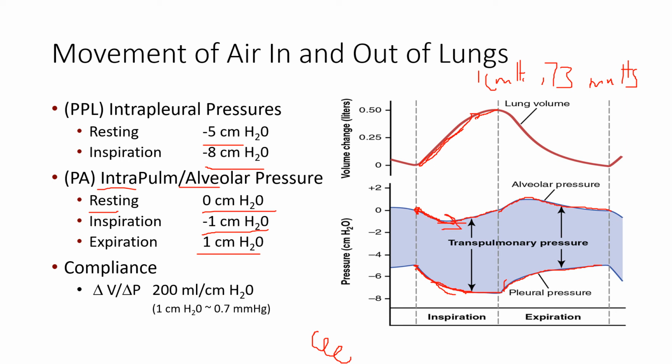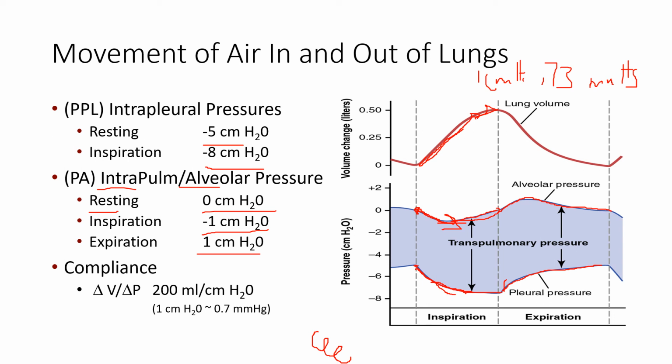Pulmonary pressure decreases. This allows the lungs to fill with more and more air. As we get to a point at the end of inspiration, because of the recoil forces in the lungs now being kind of wound up, there's going to be a recoil to pull the lungs back towards themselves.